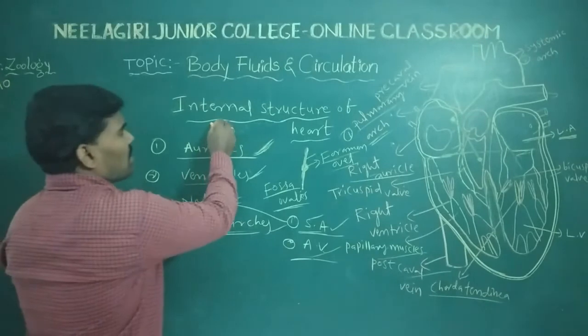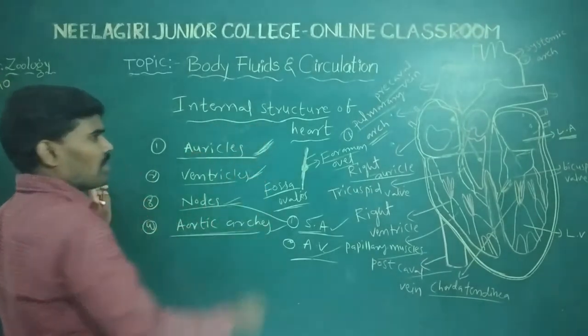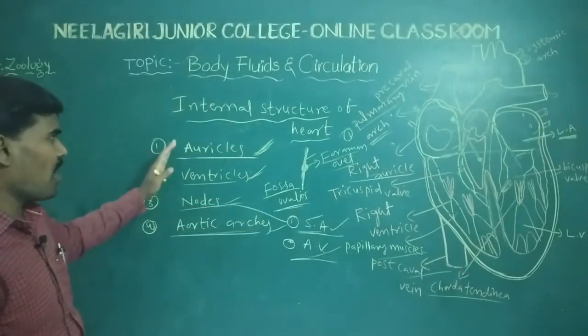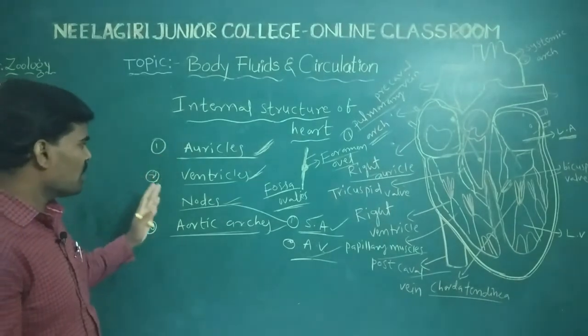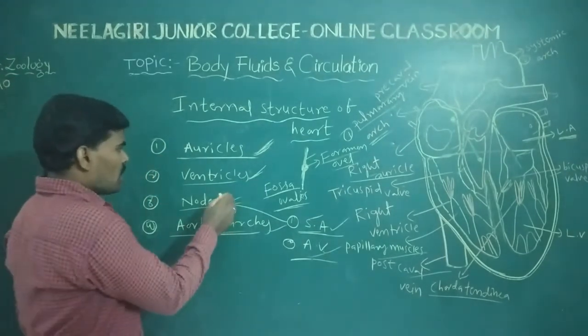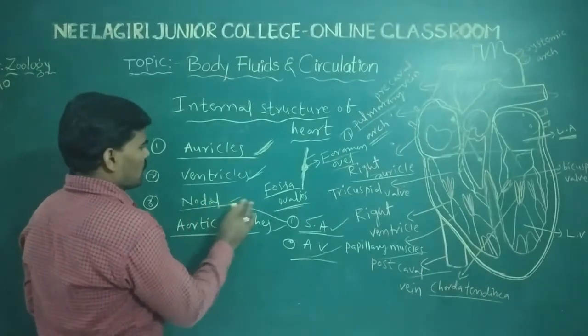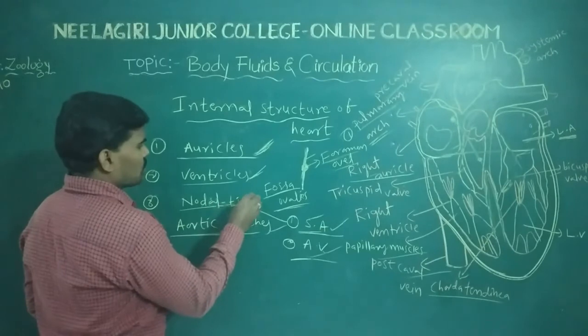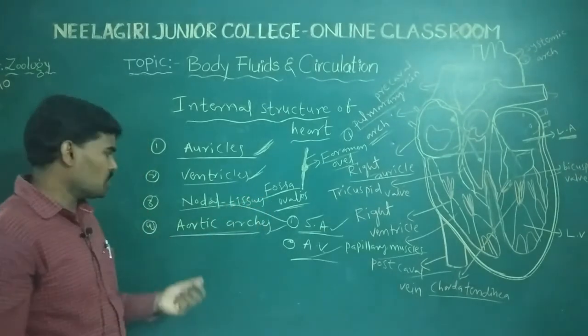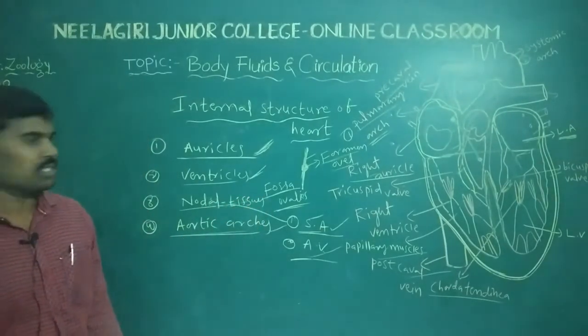This is the internal structure of the heart. It comprises the following parts: the auricles, ventricles, nodes or nodal tissues, and fourth, the aortic arches. How many auricles? Two auricles.